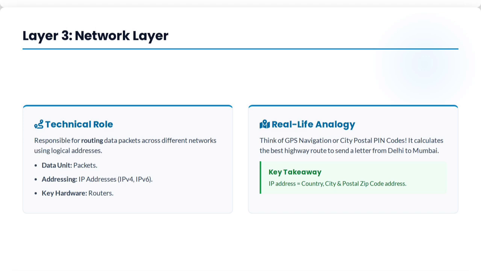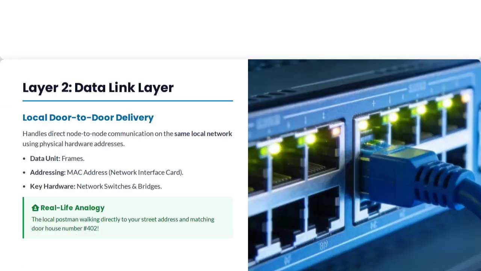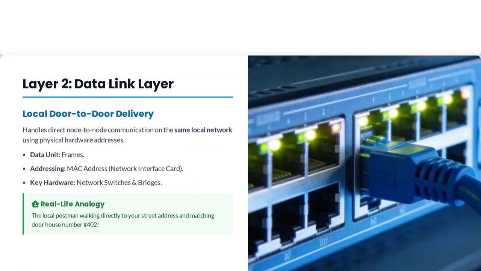Again, the data link layer. While layer 3 routes data across different networks, this layer delivers data locally within the same network. Data here is called a frame.